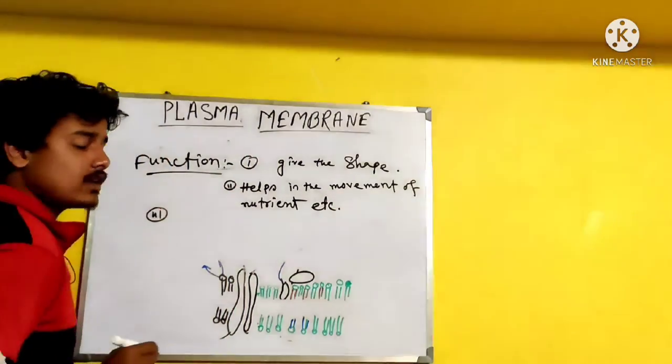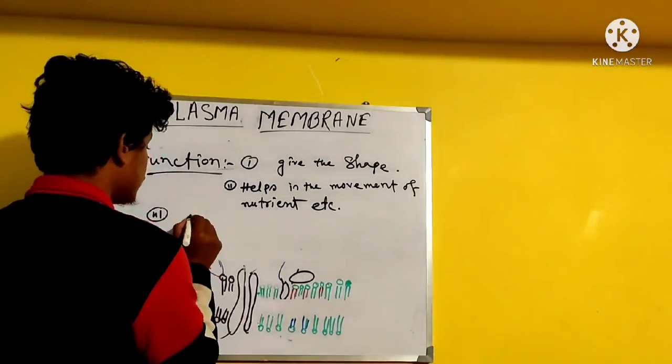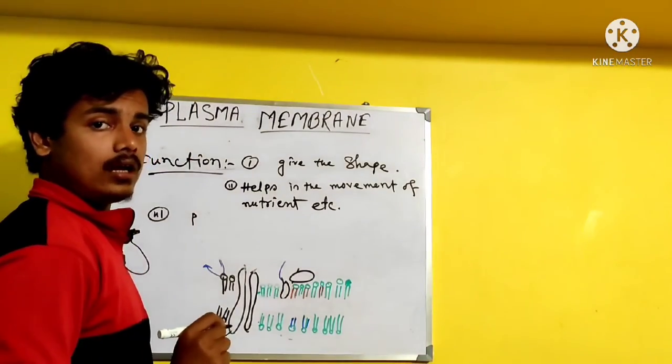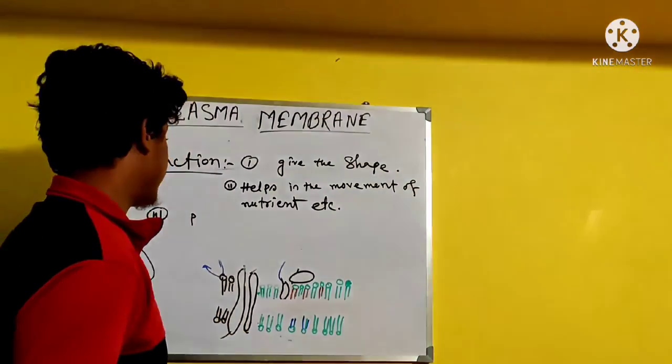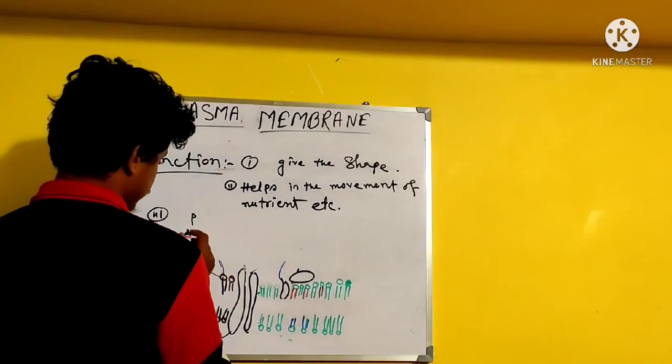And pinocytosis and phagocytosis are found in plasma membrane, which help in the destruction of bacteria, virus or antigen.